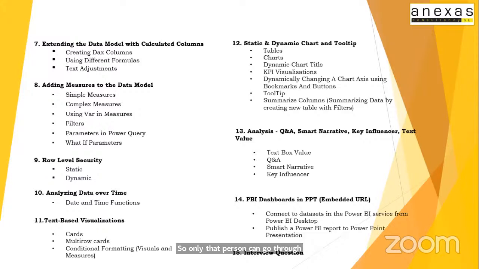The date and time functions are a big thing actually, because some dashboards need the difference between dates, number of days, the same period, right? You generally see the sales trend. How do you do that?